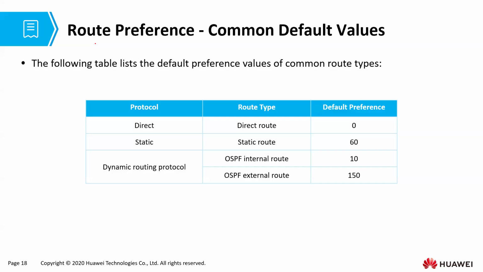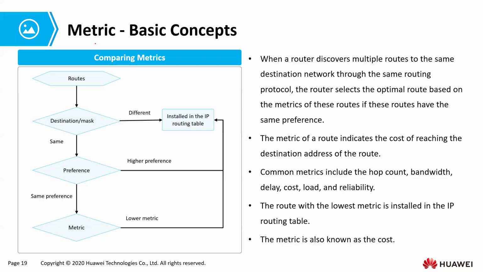Then to end up with basic concepts, comparing metrics. When a router discovers multiple routes to the same destination through the same routing protocol, the router selects the optimum route based on the metrics of these routes. If these routes have the same preference, I think we've touched on that.